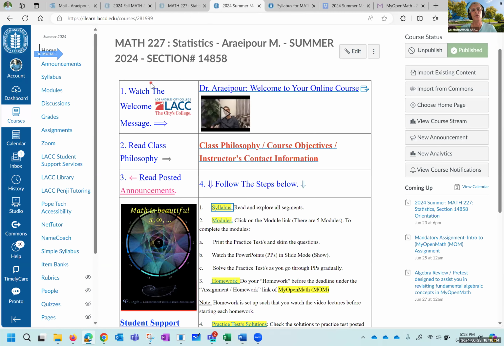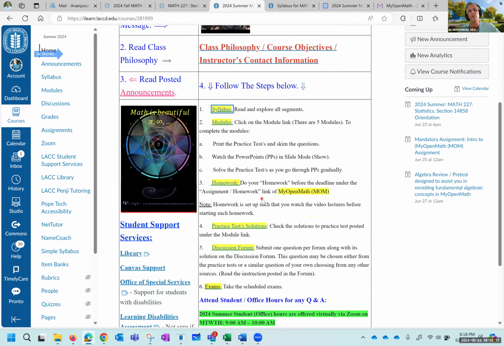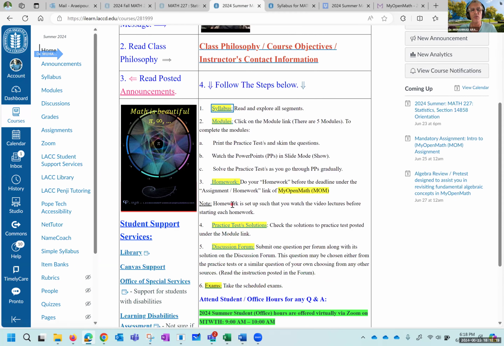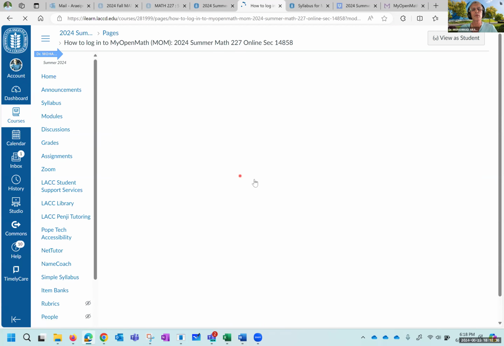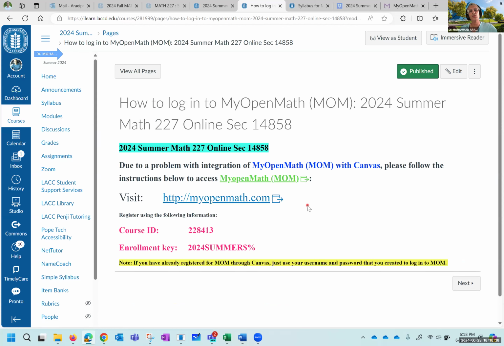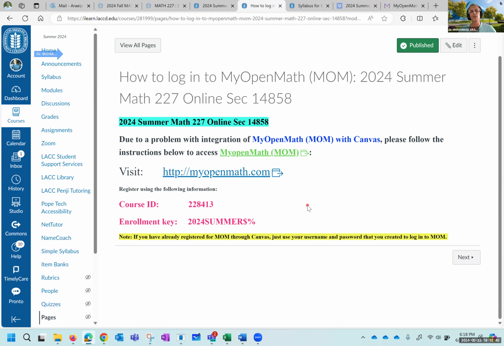So I'm going to go back to the home page. The next one is modules, and under modules, we find a lot of things. So let me show you what we find under the modules. First and foremost, my OpenMath, access to your online homework. It used to be that you didn't have to do that, but as of recently, you have to go to this website, because through Canvas, you didn't need a course ID.